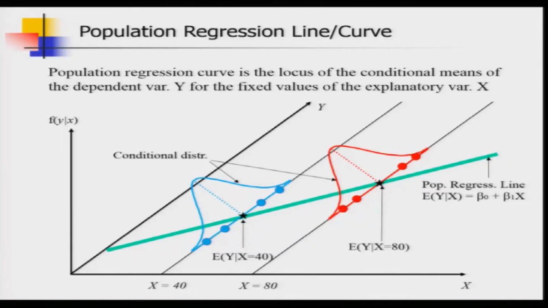So, now if I take you back to the diagram, you see that as the population regression line is a straight line, we can assume a functional form for that, or a mathematical expression for that, and that is what is written here. Expected value of y given x equals beta naught plus beta 1 times x. Here beta naught and beta 1 are the regression coefficients; beta naught is my intercept coefficient and beta 1 is my slope coefficient, from the knowledge of mathematics.